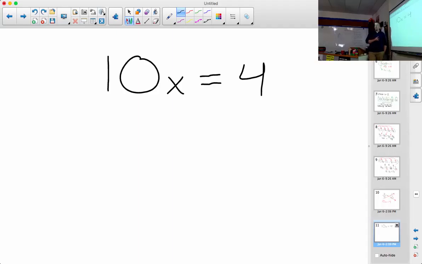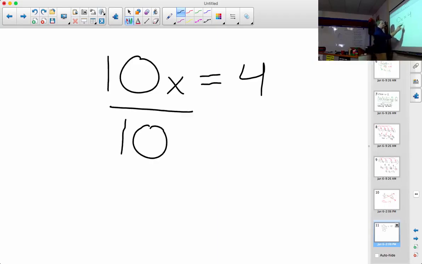Divide everything by 4. By 10. Are you sure? Yes, by 10. Why 10? Yeah, Gabby. Because it's connected to the x. What is the whole point of solving an equation? What is the main focus? To get x by itself. Absolutely. So to get x by itself, I divide both sides by 10.